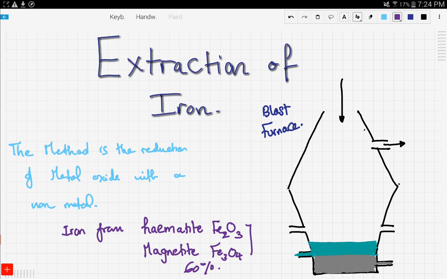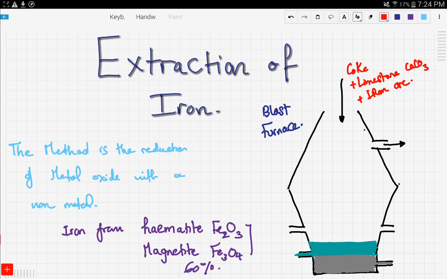So let's see what happens in the blast furnace. Well, in the blast furnace, coke is added plus limestone, which is calcium carbonate, in addition to the iron ore. Okay.